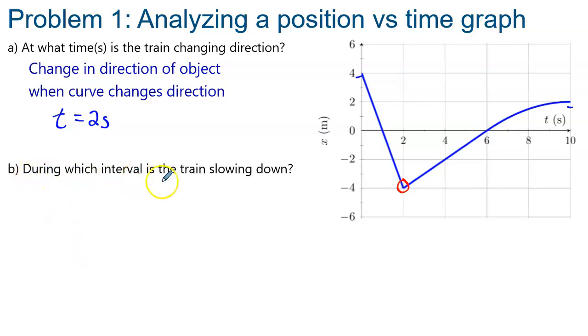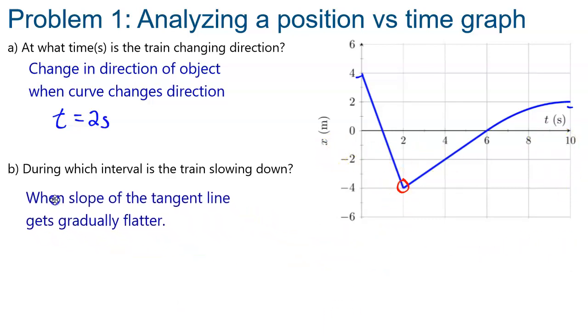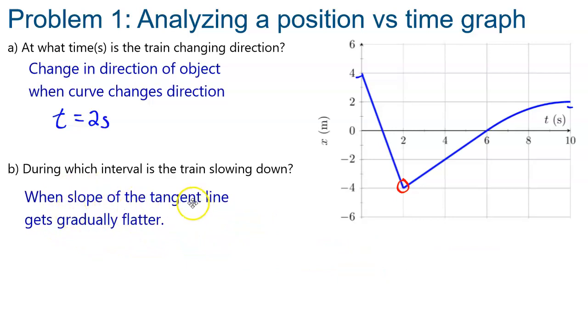B. During which interval is the train slowing down? Well, on a position versus time graph, if we want information about the velocity, we want to look at the slope of the tangent line. So if we want the train to be slowing down, it means that the slope needs to be getting closer to 0. The slope is constant in the first part, constant in the second part.